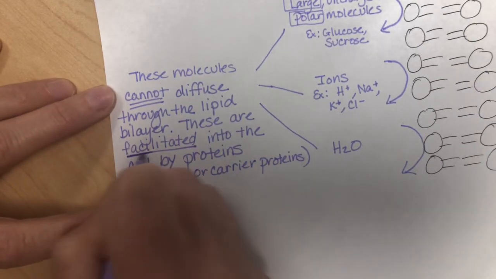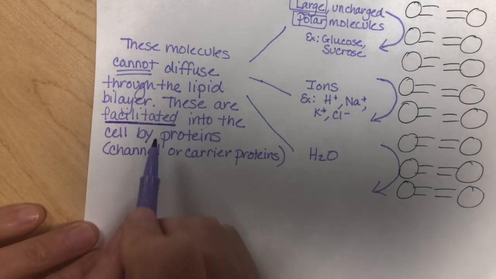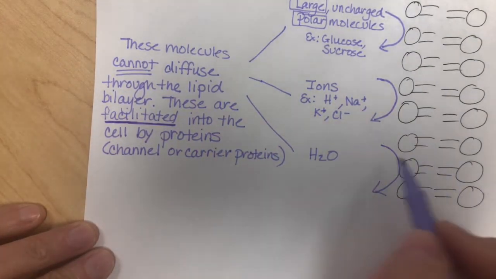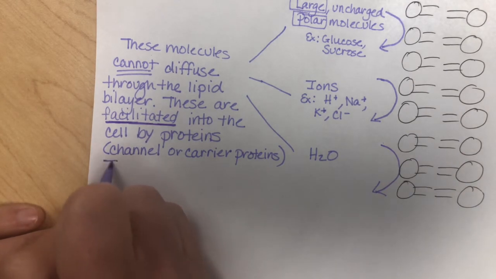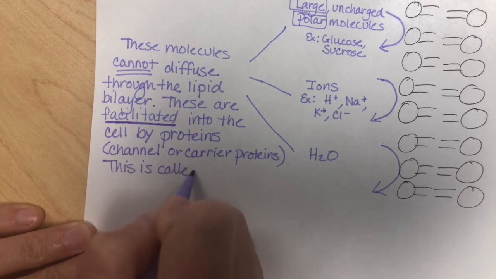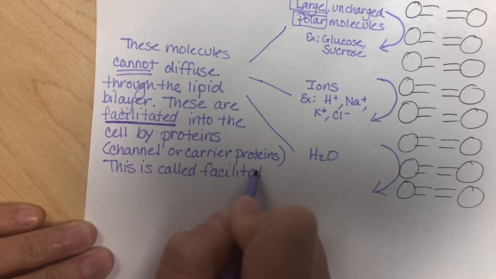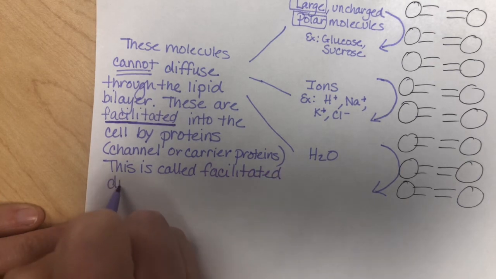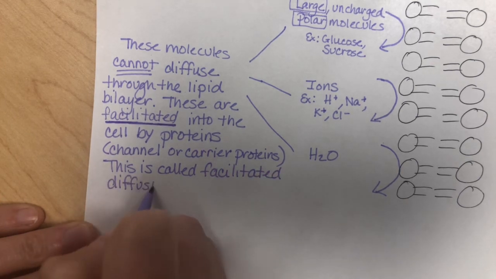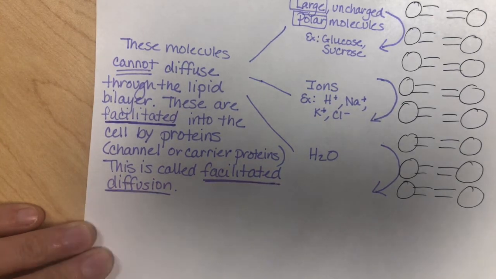They'll use the word facilitated. If you facilitate something, you help something. I wanted to use that specifically because of what this is called: facilitated diffusion. I'm going to underline that, a super important word.